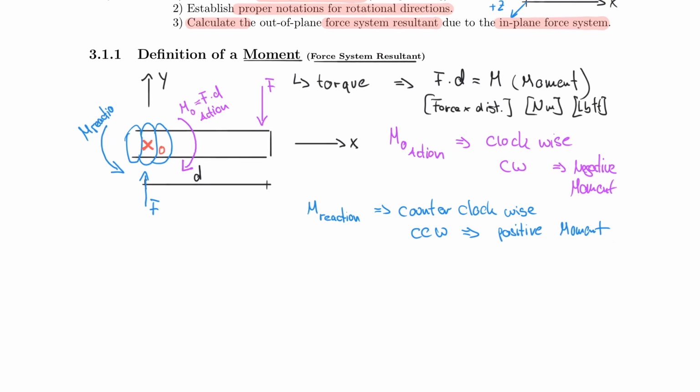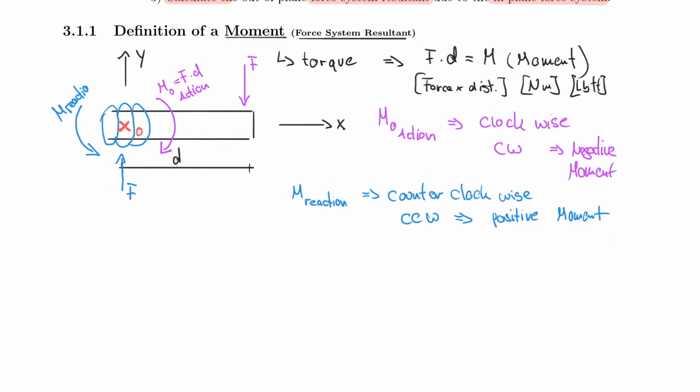But there's a second aspect which I encourage you to try with the ruler in your hand. And that is what happens if you let go. So only if you resist, only if you provide this M reaction, if you actually push up here and maybe hold down here, then you can resist the force times the lever arm. And if you let go, this whole system will, of course, not just fall down, right?